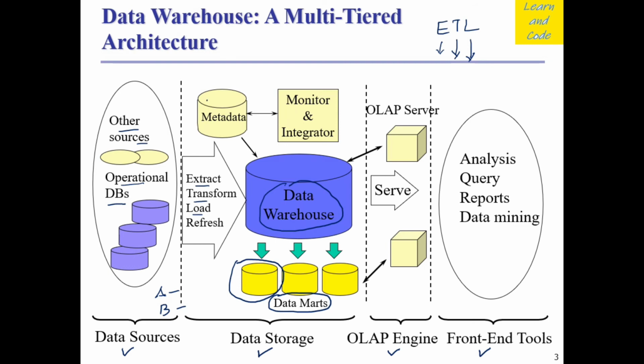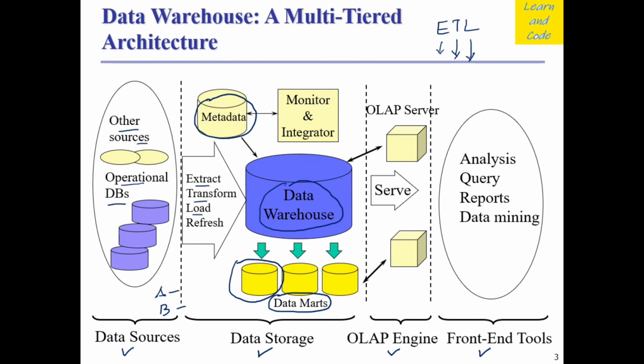Then we have metadata. Metadata is basically information about what kind of data is stored in the data warehouse, what its schema is, how it is being stored, what its historical perspective is, right? So all the properties of the data stored in the data warehouse have to be maintained somewhere, and that is stored in the metadata repository in the form of metadata.